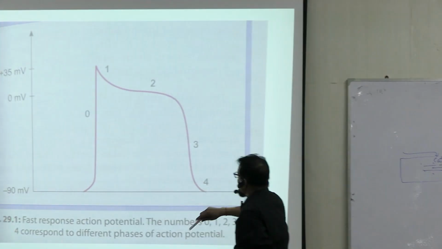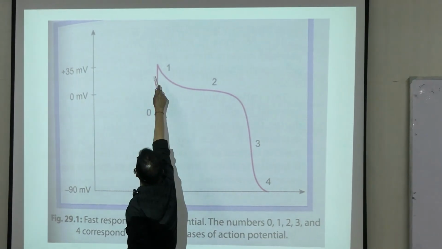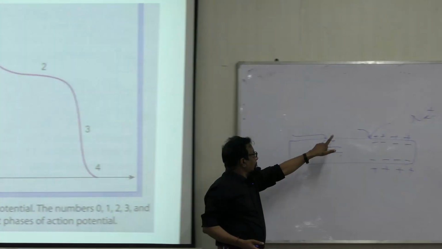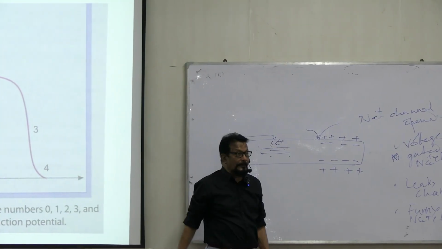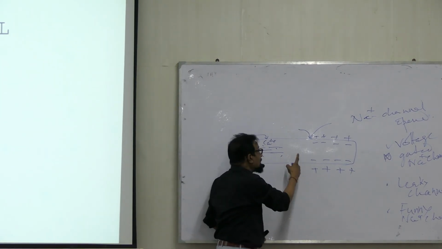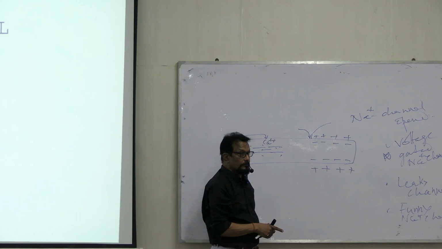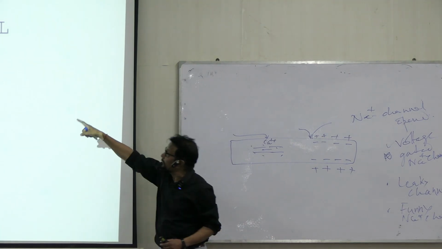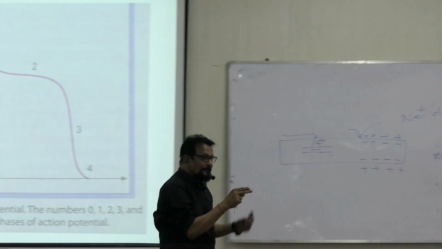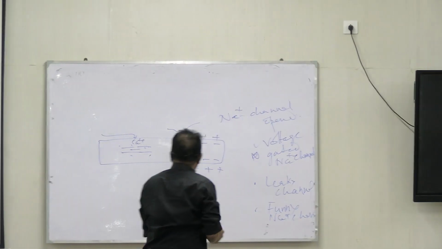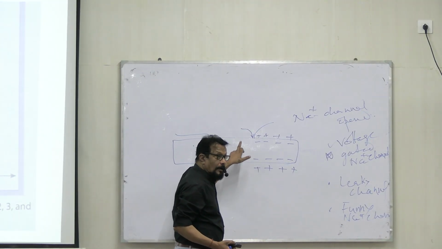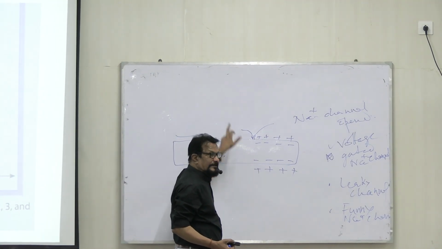Now, when this plus 35 millivolt is attained, at this condition, the potassium channels within the cell open. Potassium ion concentration is more within the cell, so potassium ion will come out. At the peak, potassium channels open and potassium ion comes out with its positive charge.